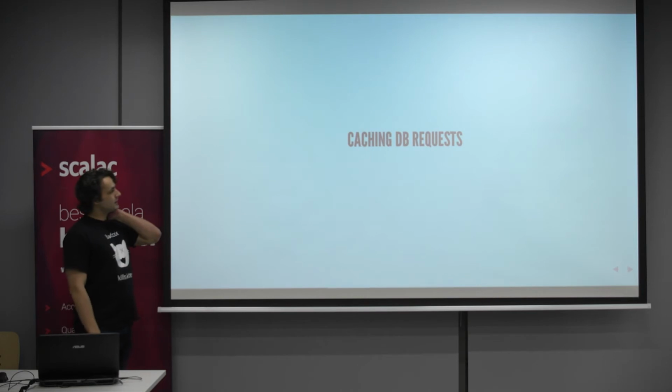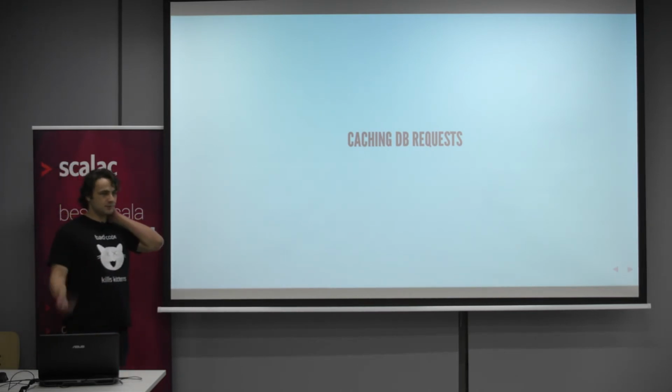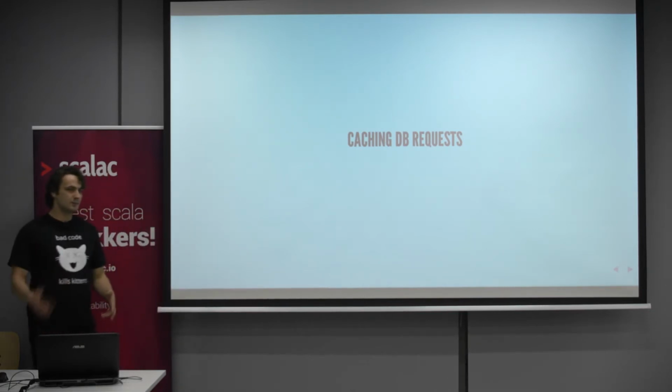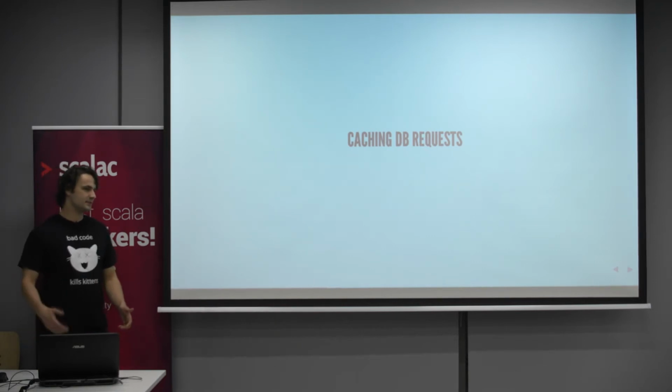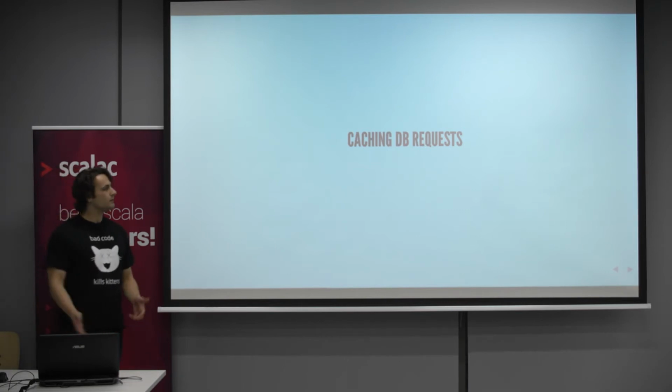What can we do when we want to cache the request? Because we know that we cannot do anything else when it comes to lowering the number of queries we are doing on the database, but still, there's a lot of them because we are using some API requests very often.